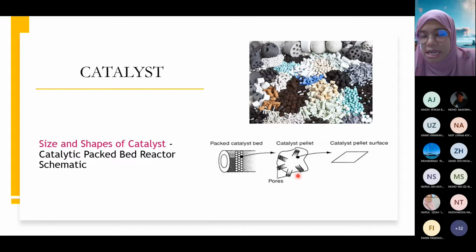Porous catalyst has a lot of active surface area available for the reactant to absorb. Okay. And there is also the film form or catalyst pellet.